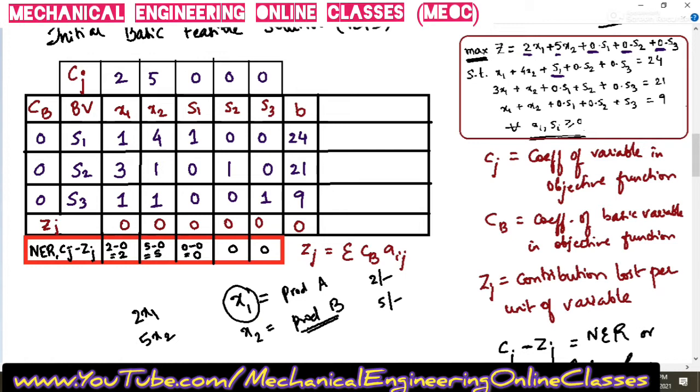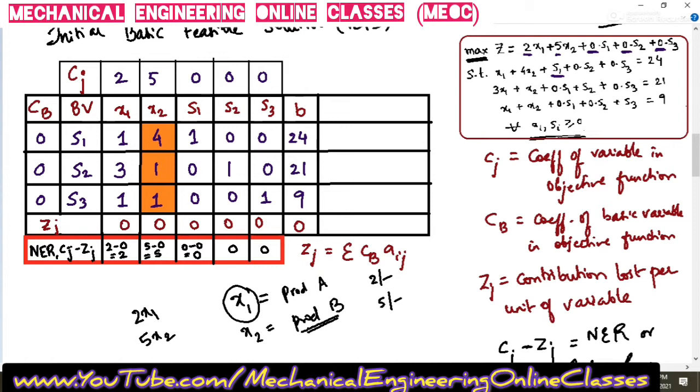So we will introduce x2 into our basic solution. x2 must be the entering variable, because introducing x2 will give us higher profits. This is the x2 column. The entering variable column is called the key column or pivot column.